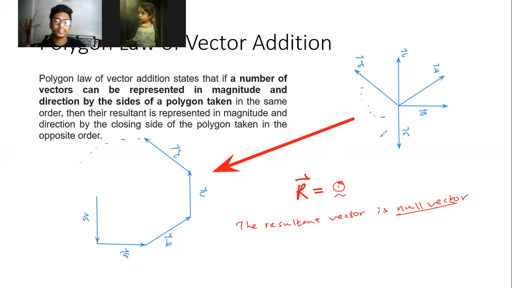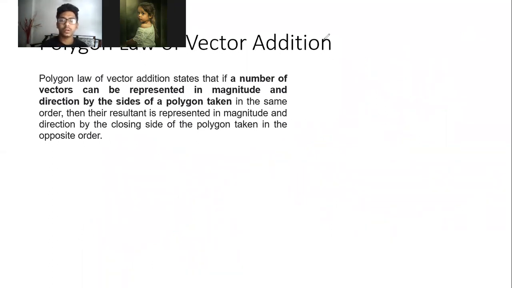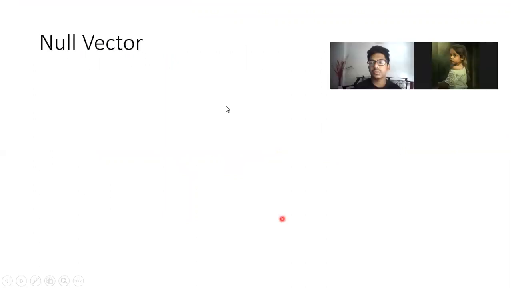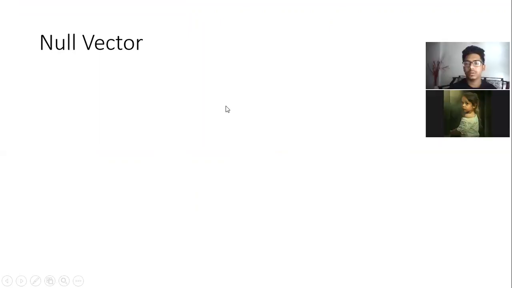You just copy this and write down this. Are you done? Okay, good. So let's put a small note on null vector. Write down small topic: null vector.